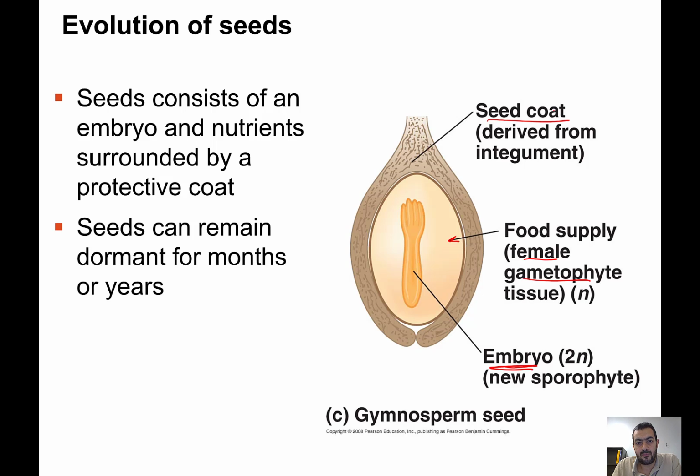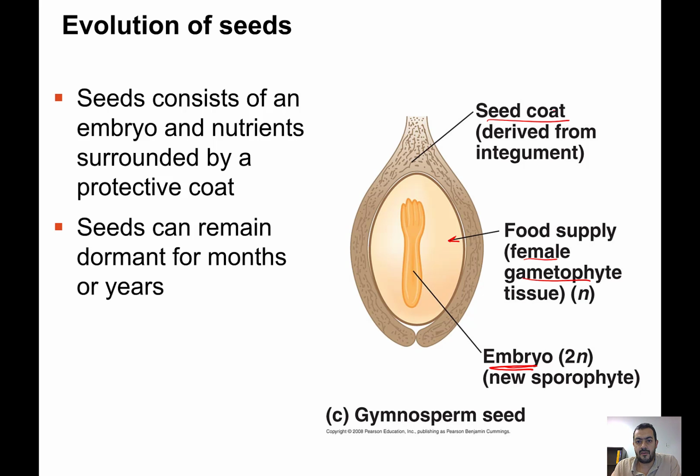So what will happen? The plant will form the seeds. If the seed disperses to an area of unfavorable conditions, let's think about high temperature, for example, they can remain dormant till the winter months come.